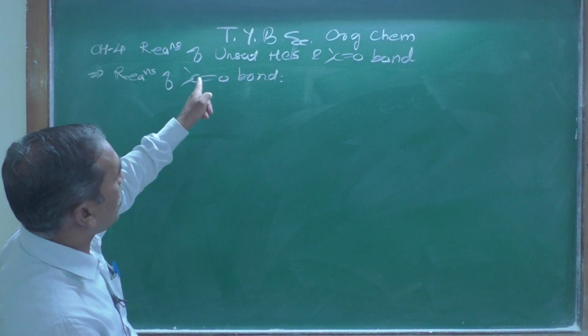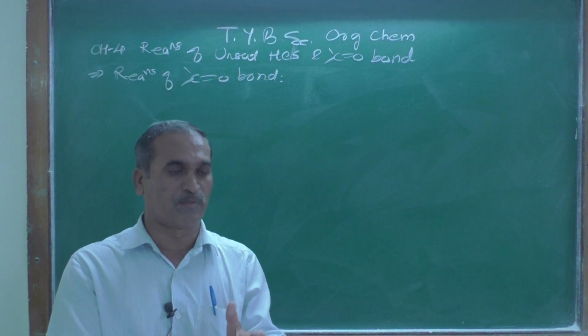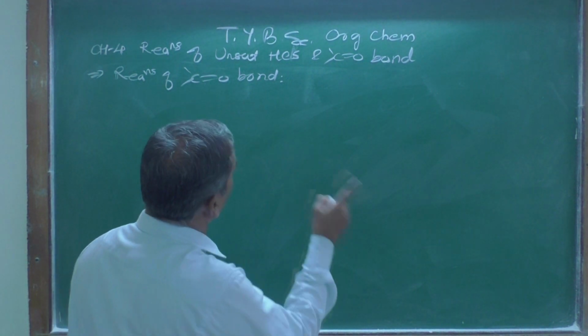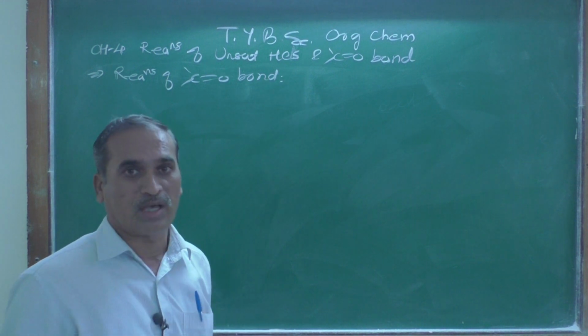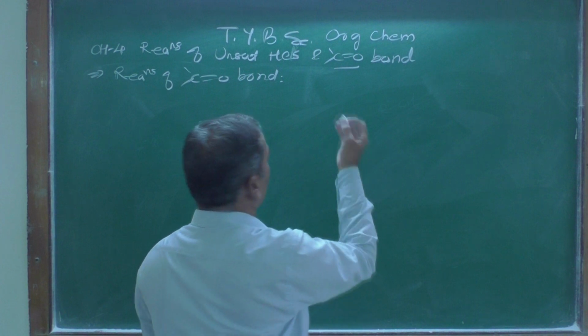Now there is a carbon-oxygen bond. Oxygen, nitrogen, sulfur are heteroatoms, and they can also be unsaturated in nature, but they are not hydrocarbons. They are heteroatoms.